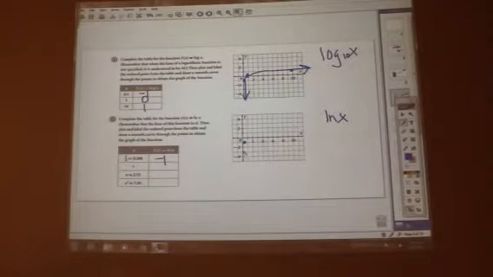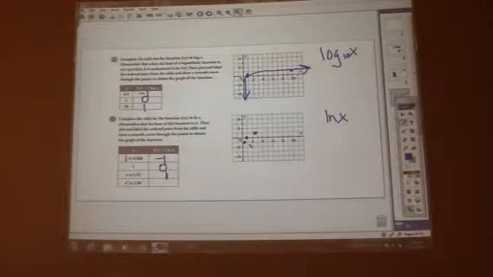Okay, so natural log of 1 is 0. Natural log of e, remember e is approximately 2.72, is 1. So I go over 2.72, which is just short of 3, up 1, right there.